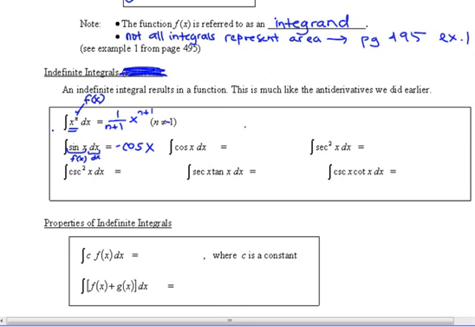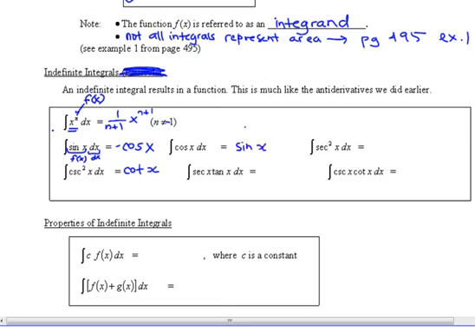Okay. Cosecant squared x, what's the antiderivative? Cotan? No? Negative cotan? No, regular cotan. Cos would be? No, just sine.